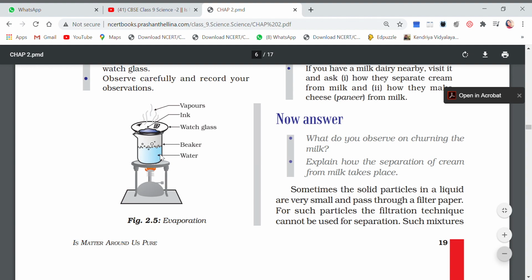Now children, what you see here is when you provide the heat, the beaker gets heated up and the water inside the beaker also gets heated up, and this water produces vapors, and due to these vapors the ink present in the watch glass also gets heated up. That means we are not directly heating the ink.